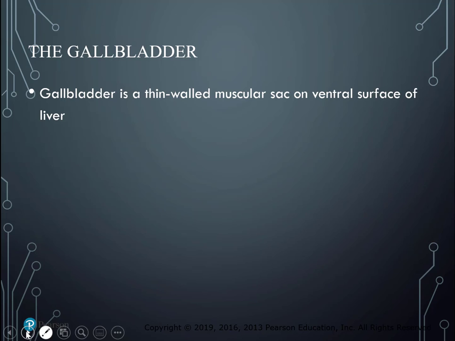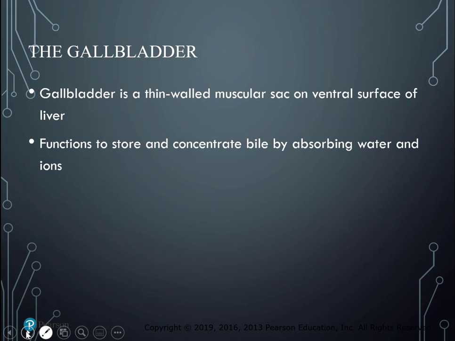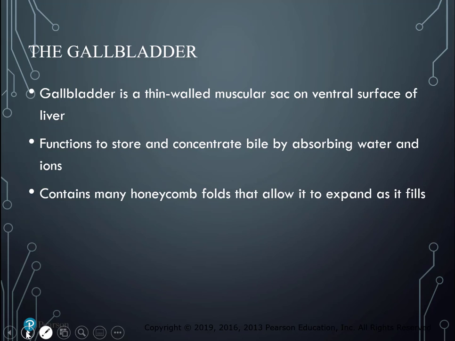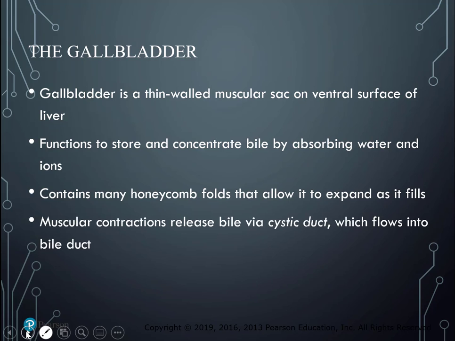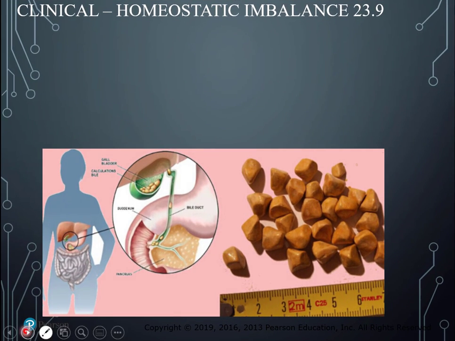The gallbladder is a thin-walled muscular sac on the ventral surface of the liver. It is a storage organ that stores bile by absorbing water and ions. It contains many honeycomb folds that allow it to expand as it fills. A muscular contraction releases bile via the cystic duct, which flows into the bile duct.